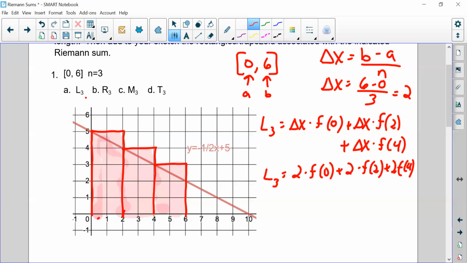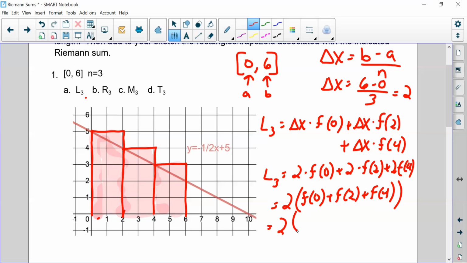So I could have factored out my delta x and just written this as delta x times the function value at 0 plus the function value at 2 plus the function value at 4.